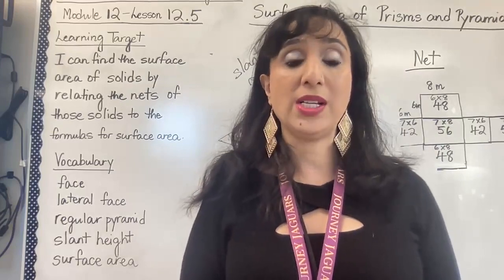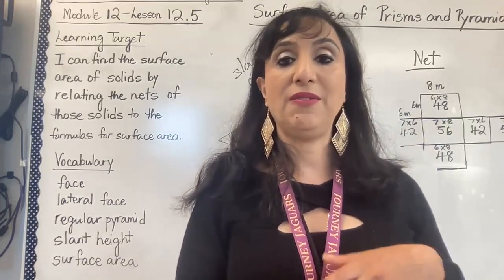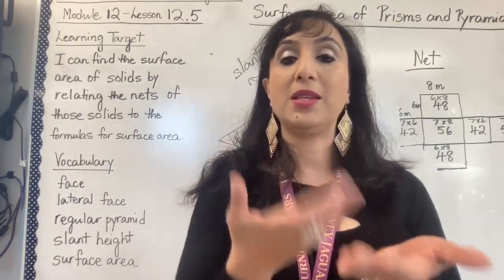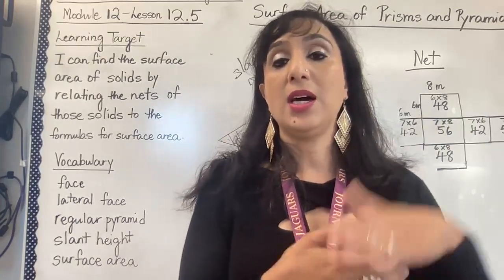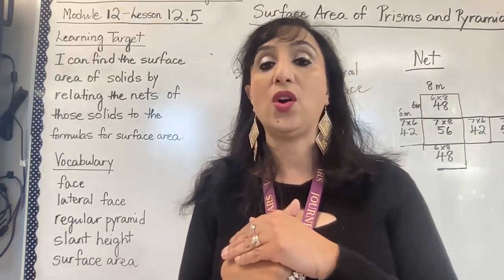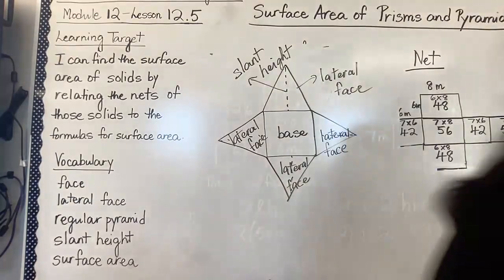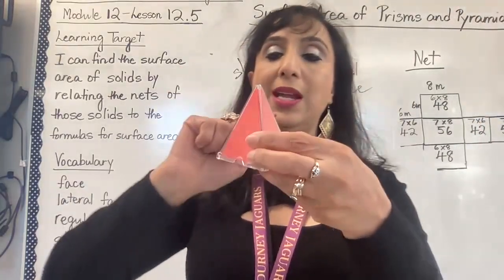Please remember what slant height means and what the lateral faces mean. Lateral faces is everything but the base, and the height of those lateral faces, that slant, is called your slant height. These are all your slant heights.